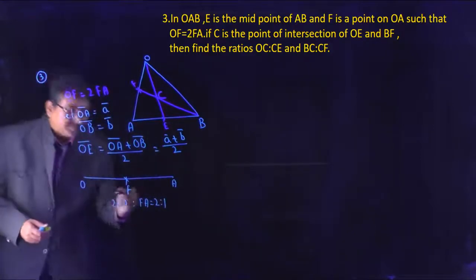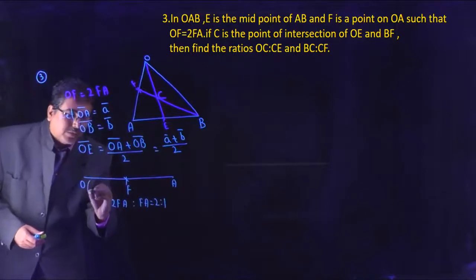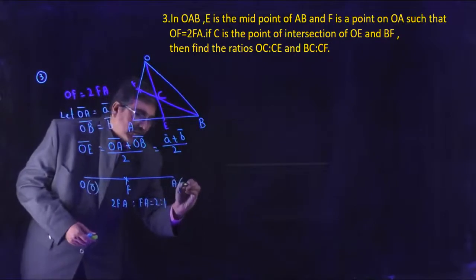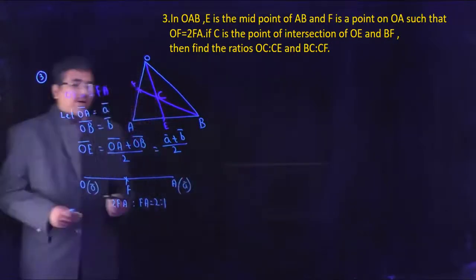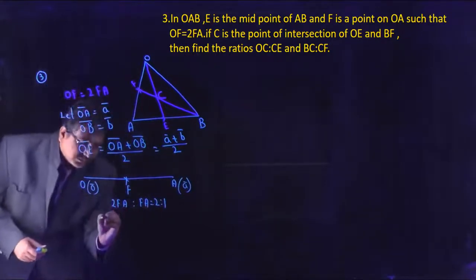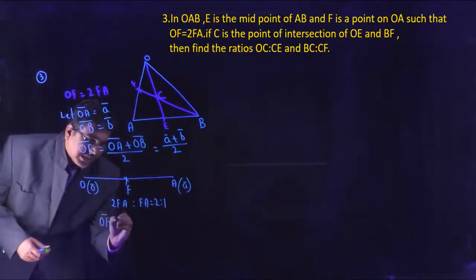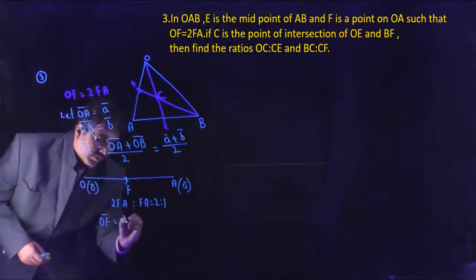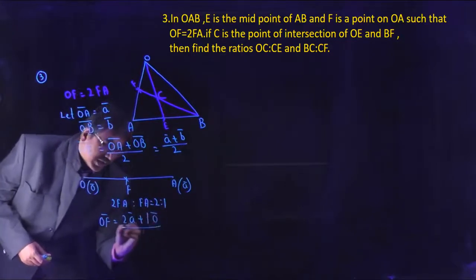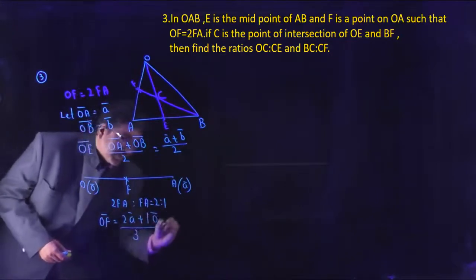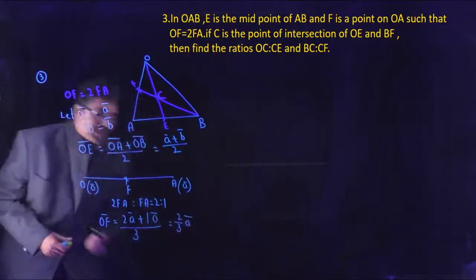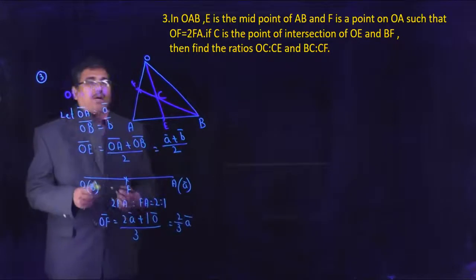Right. Now OF bar. The position vector of O is 0 bar and the position vector of A is a bar. Now OF bar is equal to (2 times a bar plus 1 times 0 bar) divided by 3, that is equal to 2 by 3 a bar, that is OF bar.